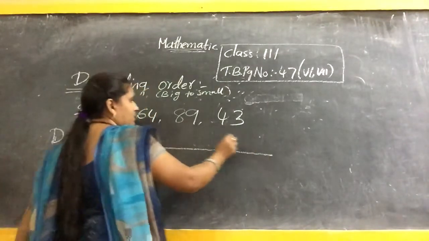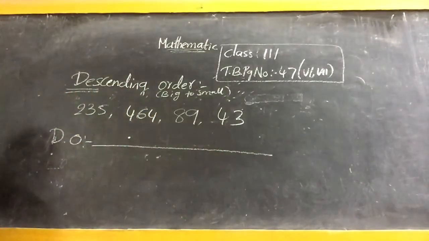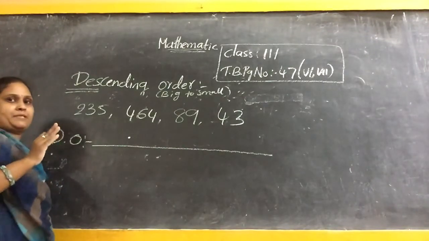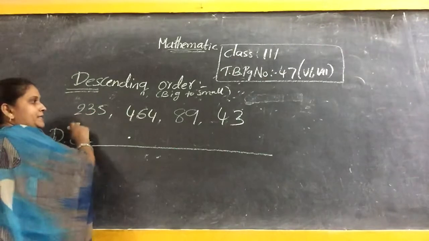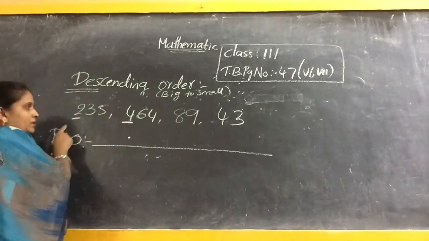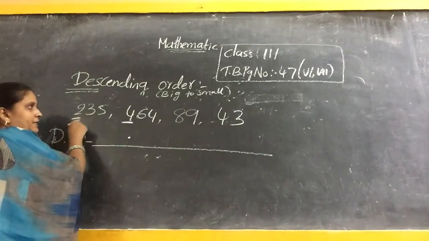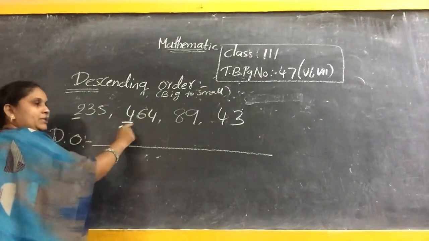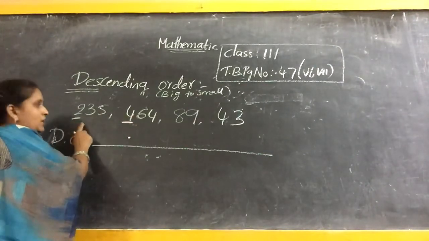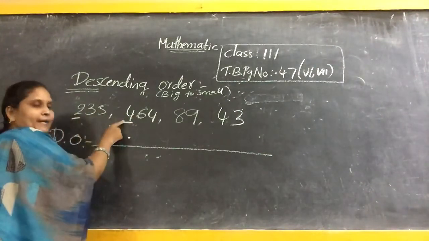Okay, now big number to small number. First, the big numbers, it means the 3-digit numbers. Okay, so in these 3-digit numbers, underline the first digit. Here 2, 3, 5, 3 digits are there. 4, 6, 4, 3 digits are there. Now, in these two numbers, 2 and 4 I underline.